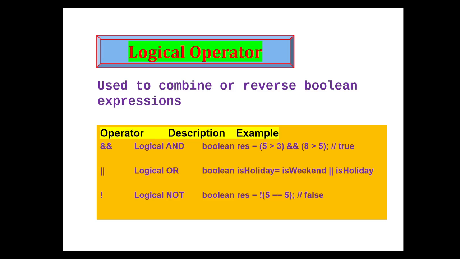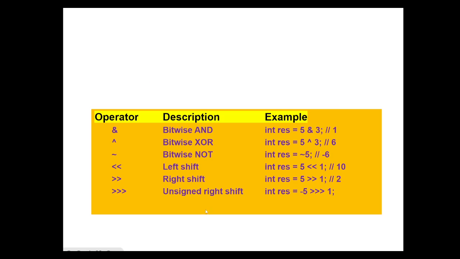For example, if isWeekend is true and isHoliday is false, the result will be true, because it requires either of the two operands to be true. Next is the logical NOT, which makes a negation: if it is true, it will make it false, and if it is false, it will make it true. So this is for logical operators.